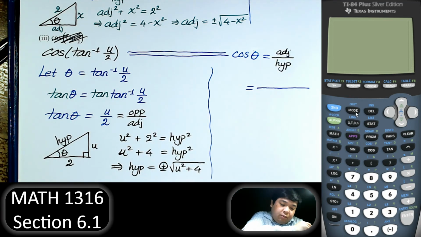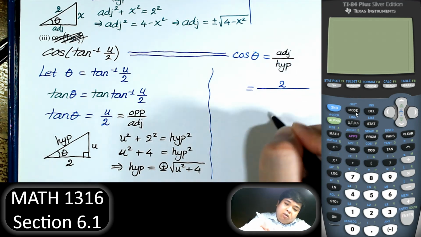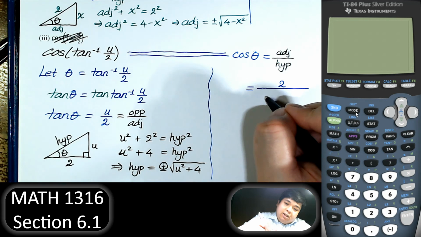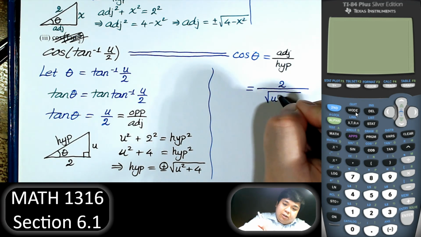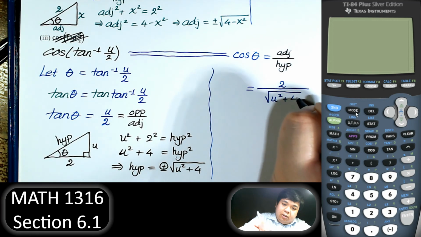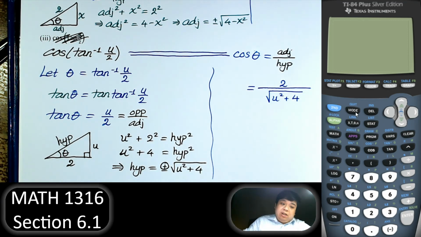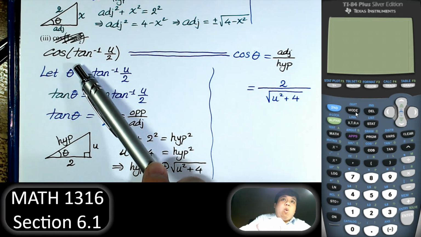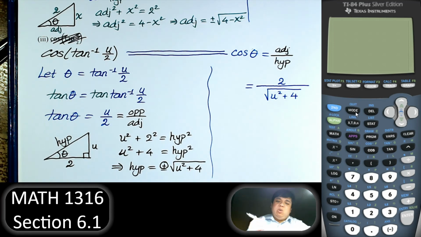Adjacent is 2. Hypotenuse is that. Again, it's going to be positive. Of course, in this case, we actually can reason that tangent inverse is in quadrant 1 and quadrant 4. Cosine in quadrant 1 and quadrant 4 is going to be positive. So that's all we have.